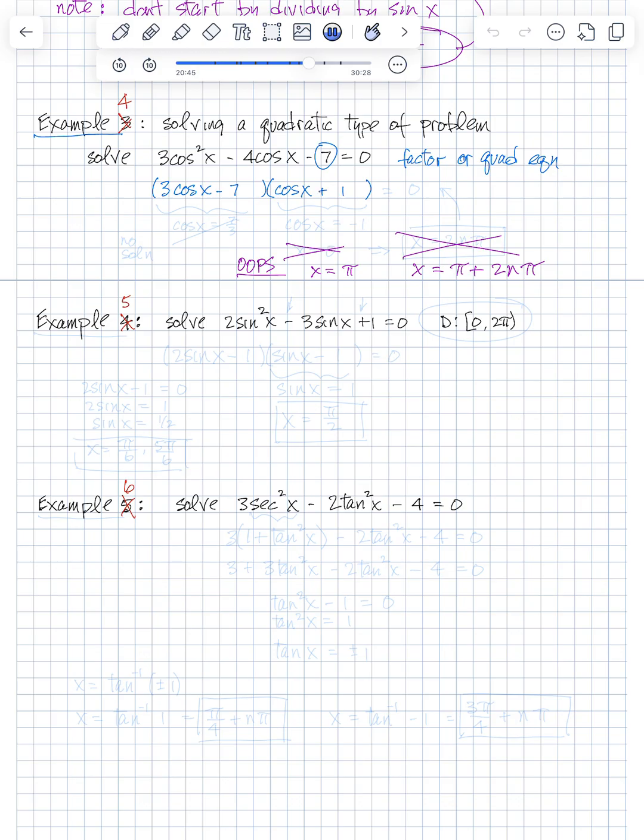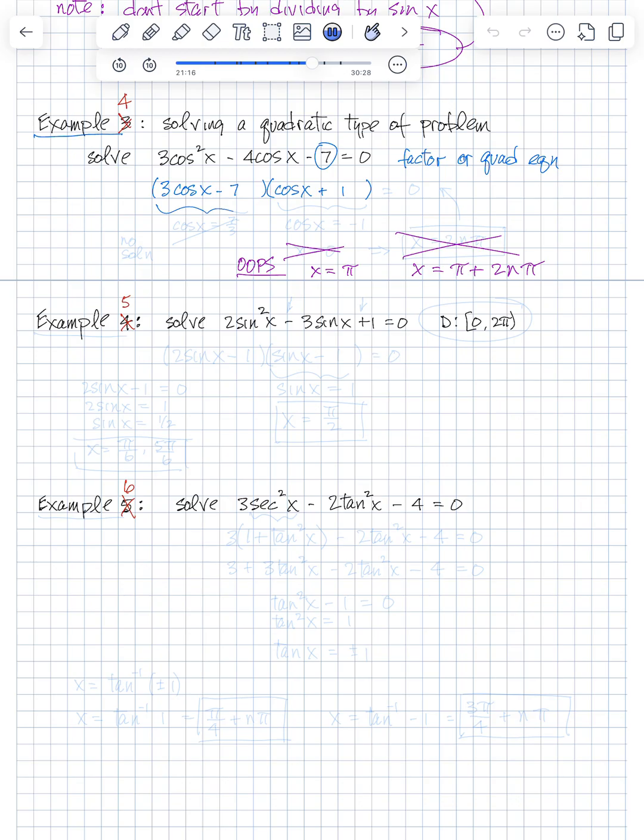And then we check it, make sure it works. When foiling it, the first term and last term are going to work out because that's the way we set it up. But then we have the middle terms, 3 cosine x times 1, and a -7 times a cosine x. So that's how we get our -4. So we factored it correctly.